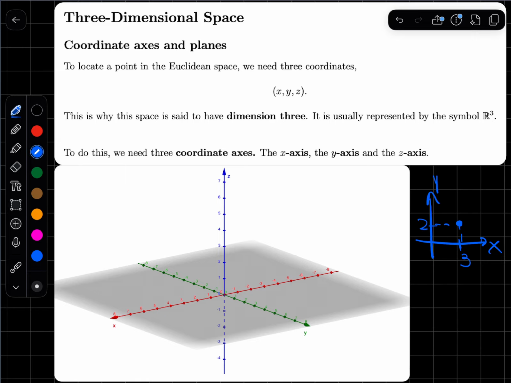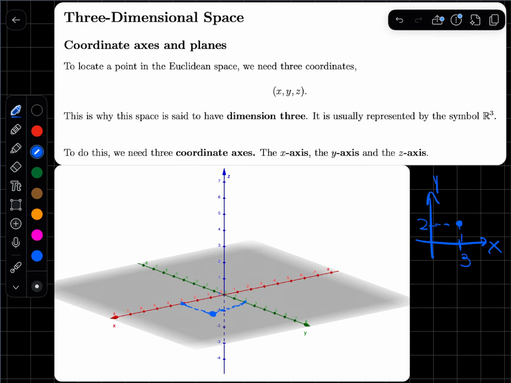But what you see on the left there, if this gray plane on the left represents the floor of your room, and we have the point 3 in x, 2 in y, and your object is on the floor, you can follow these two directions and represent your object this way, and the person that you're trying to tell where to find the object will be able to find it. So that is enough to represent something that's on the floor.